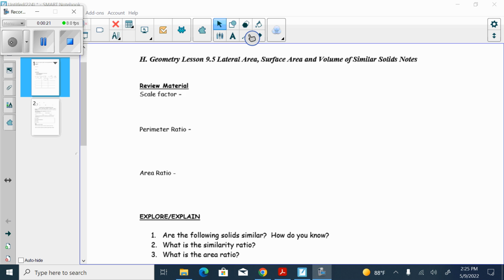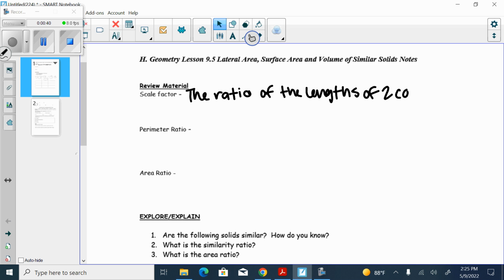So first we have our scale factor. Remember, your scale factor is just the ratio of the lengths of two corresponding sides of two similar polygons.